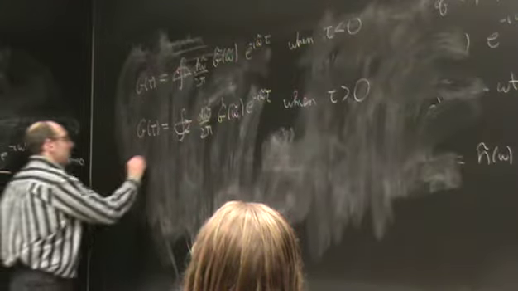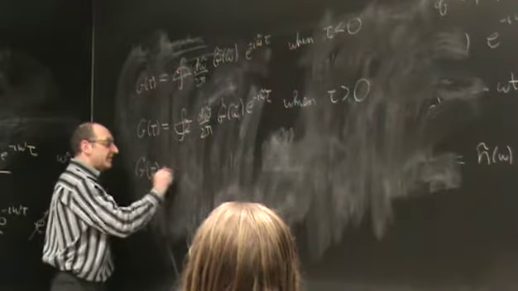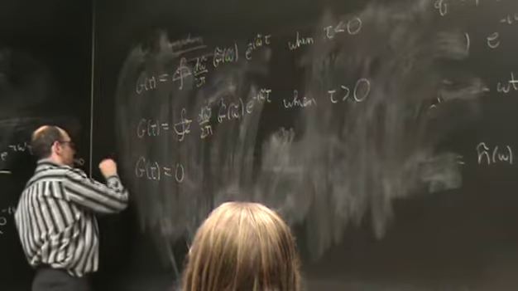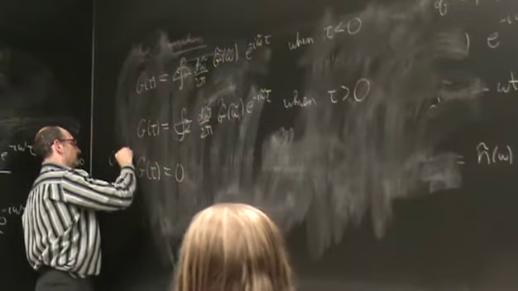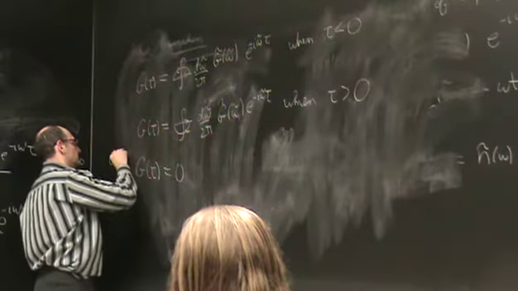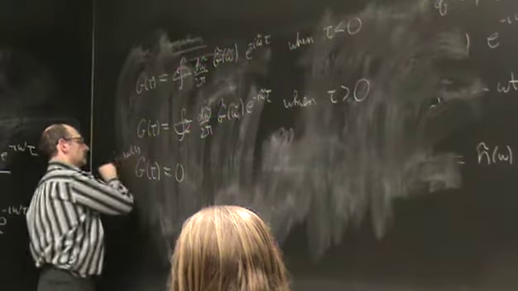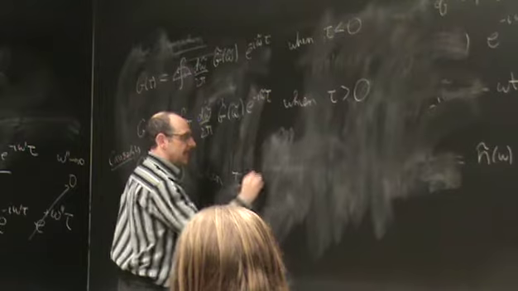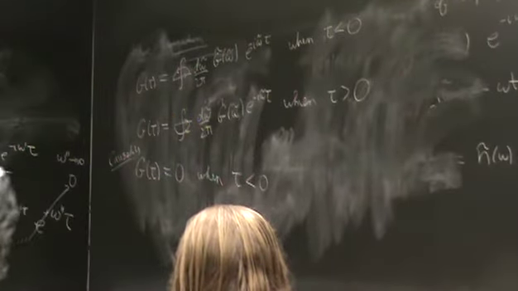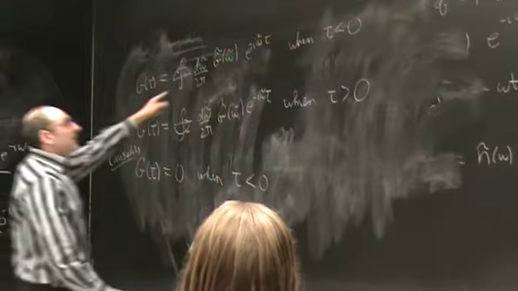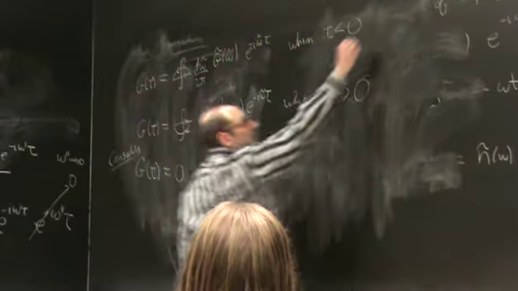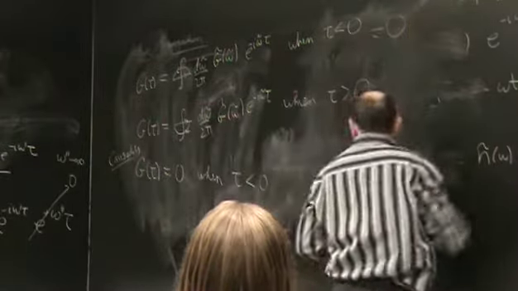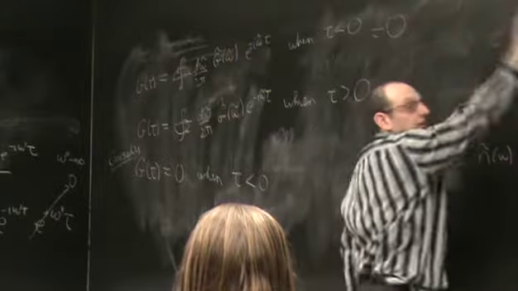What we know is that this is equal to 0 when tau is negative, which means that this has to be 0 if we have a causal response function.